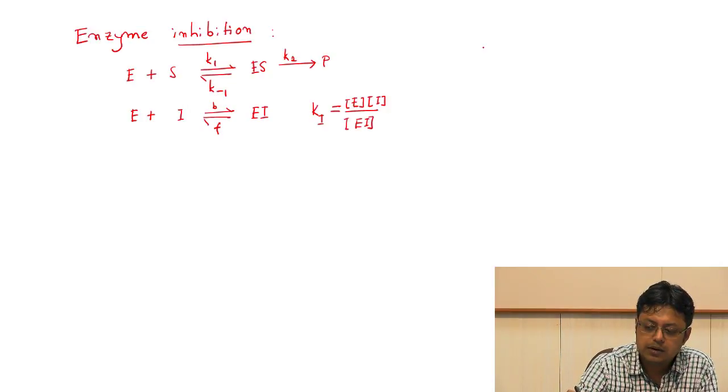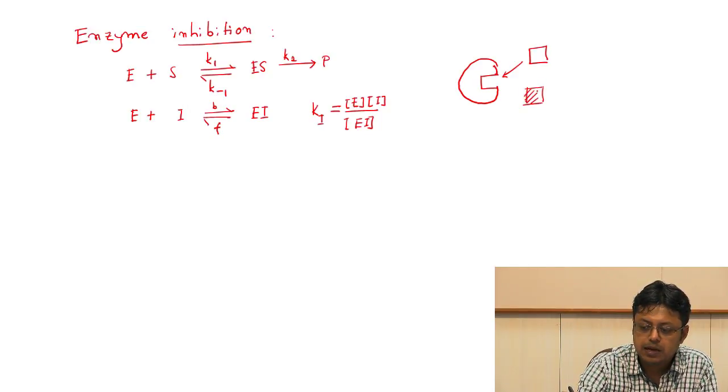Now you see one interesting thing here. What I'm saying right now is that the enzyme has a particular pocket, and a substrate can bind to it, but not only the substrate, an inhibitor which also has the same size and shape can also bind to it. Then if the substrate binds, I'll have the enzyme substrate complex, and if the inhibitor binds, I'll have the enzyme inhibitor complex, which will look like this.